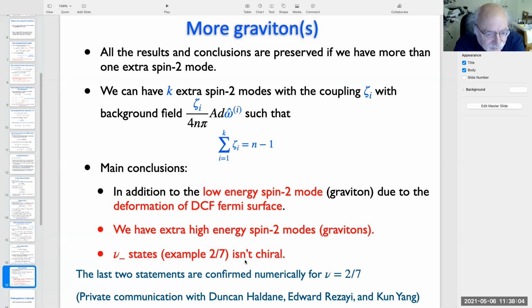So in this case, meaning in Jain's composite fermion picture, if you take the hierarchy or the Jain sequence, if you've got more than one fluid in this hierarchy, there's a shape mode for each fluid, right?